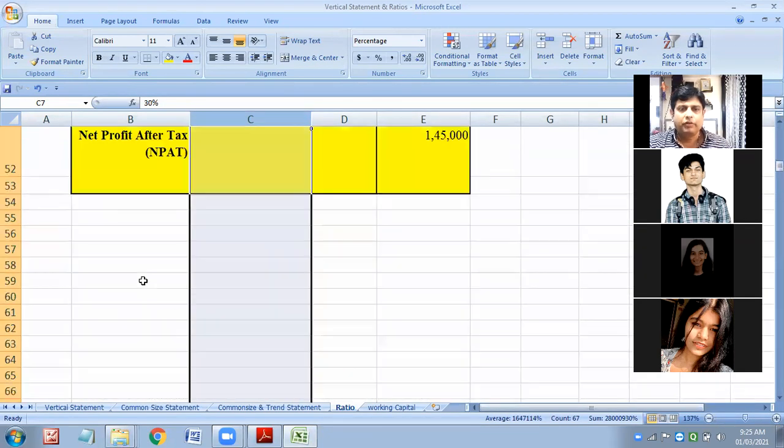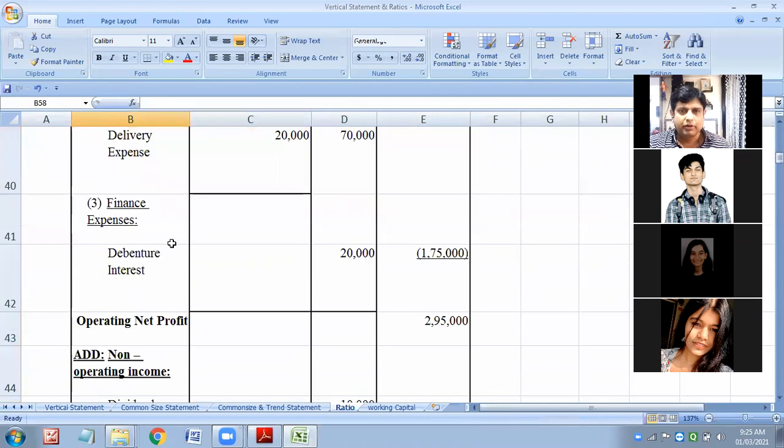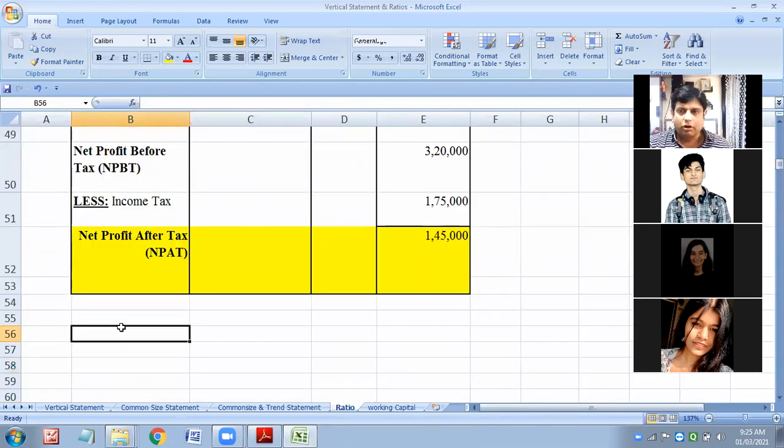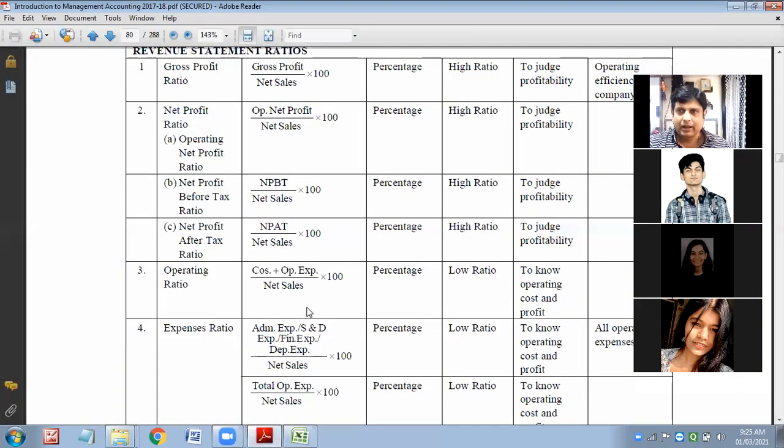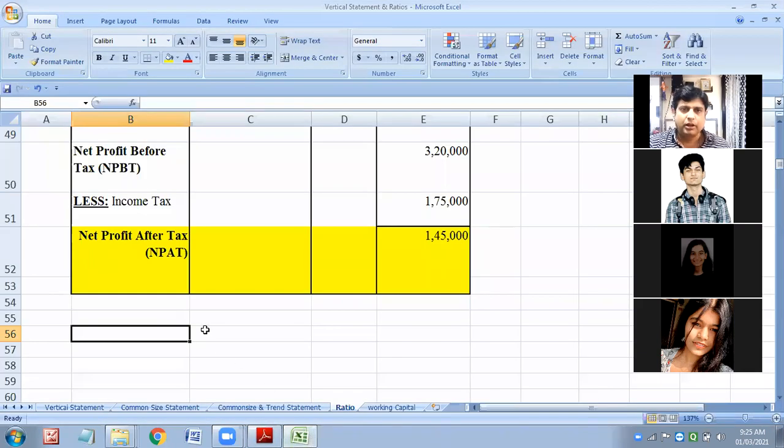Now if we want to calculate those ratios, it is very simple. What all did we have in P&L ratios? Get me one by one. क्या क्या था बताइए, someone of you. P&L ratio कैसे calculate करेंगे?